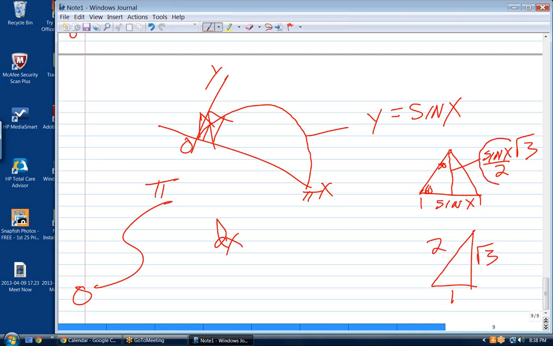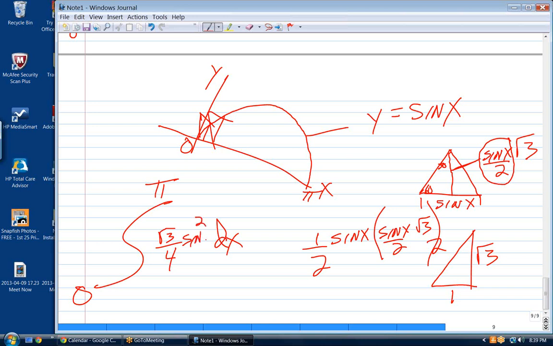So there's our one side multiplied by square root of 3 gives us this altitude. So the area of the triangle is 1/2 the base times the height, and what we end up with is square root of 3 over 4 sine squared x.